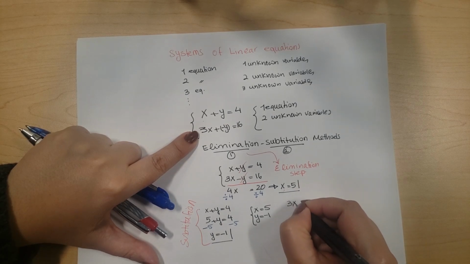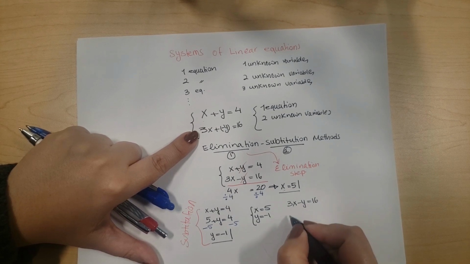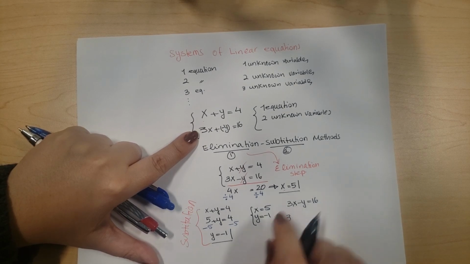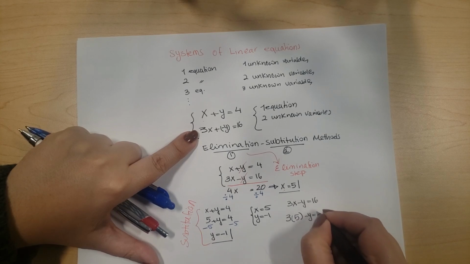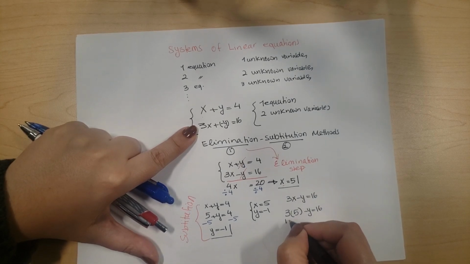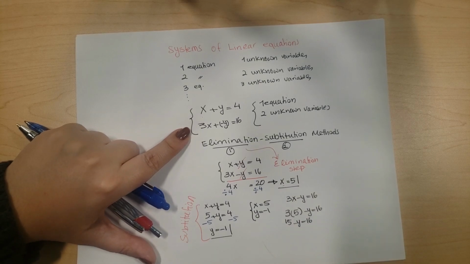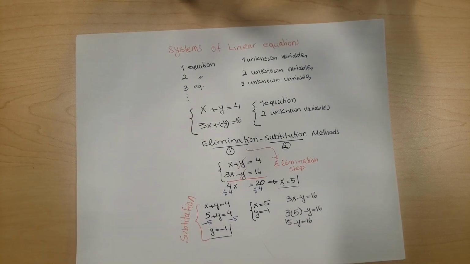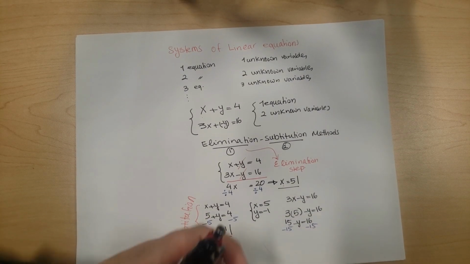So 3x minus y equals 16. So 3 times x, and the x was 5, negative y equals 16. So that would be 15 minus y equals 16. If I want to get rid of the 15, I will add -15 to both sides.